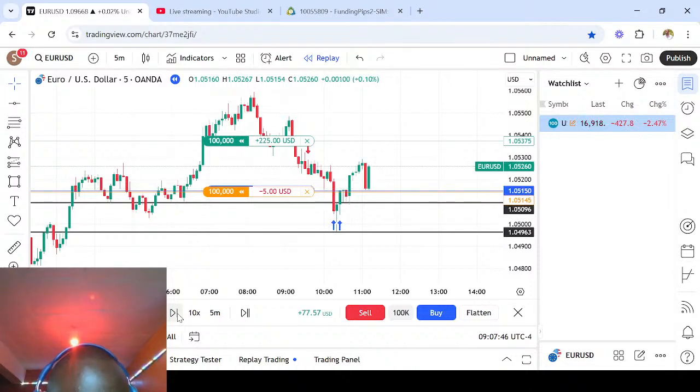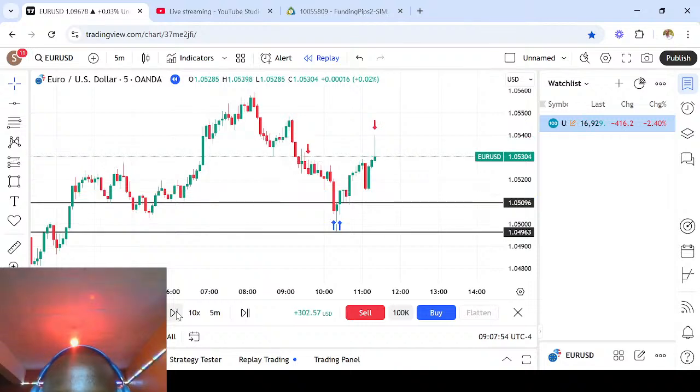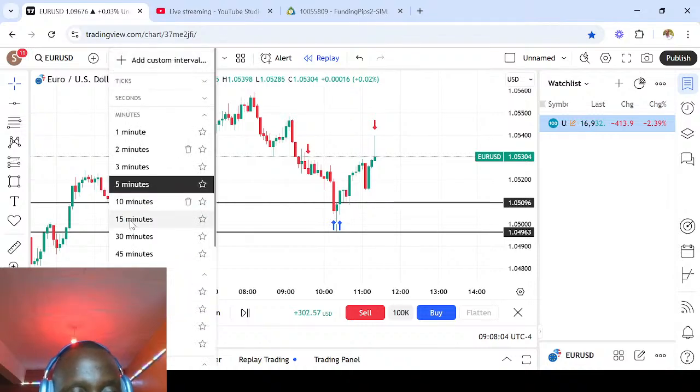Oh, we survived. What? Let's see if we will survive again. Trade number two is a winner. Oh my goodness. Damn, trading feels nice when you have no expectation.